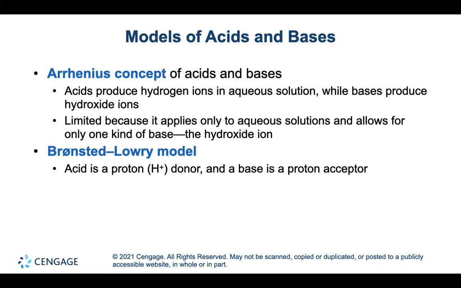It works very well for the aqueous solutions of acids and bases that we usually deal with in a chemistry classroom. Arrhenius said that acids are molecules that produce hydrogen ions, or H+ ions, when they dissolve in water. Bases are molecules that produce hydroxide ions, OH- ions, when they dissolve in water.